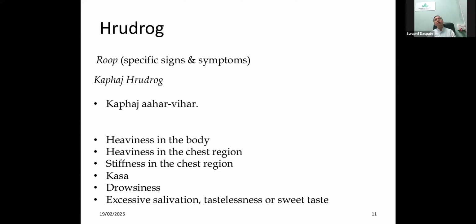Praseka also happens before the Chardi Vega, that is, after nausea, praseka will happen. So Hrullasa, praseka, chardi, that is how the stages are. So excess salivation is one of the symptoms which the patient will tell in Kaphaja type of Hridroga.